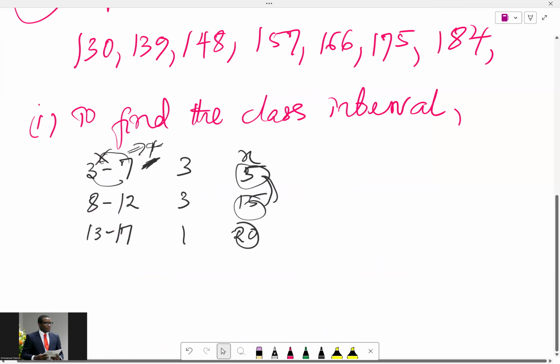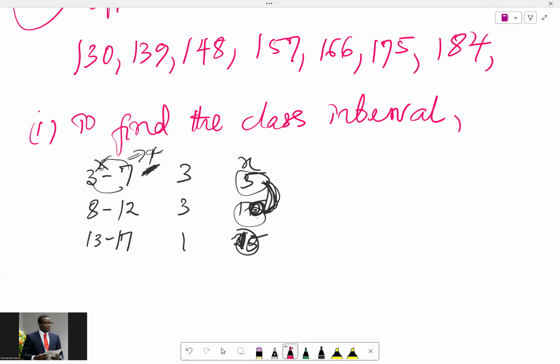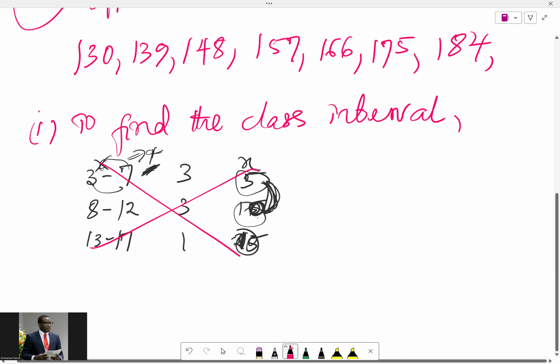If this is 4, the class marks are 5, 10, 15, so this is increasing by 5. You can find the difference between these and subtract 1 from it. That will give you the class interval size. That is what I believe, but be careful to do it exactly the way you're taught in class.